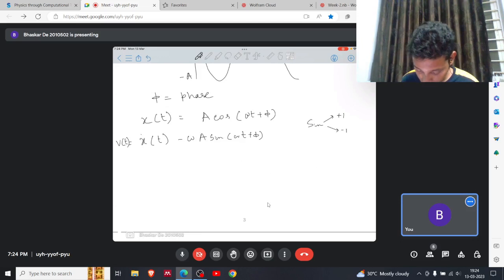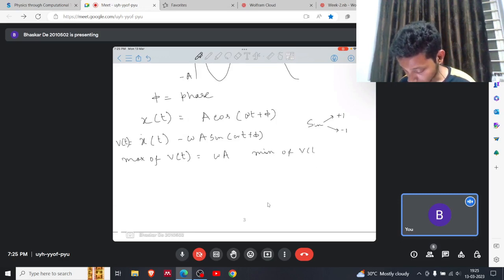So the maximum of v(t) is omega A and the minimum of v(t) is minus omega A. So you can say that Vmax equals omega A, so v(t) equals minus Vmax sin(omega t plus phi).